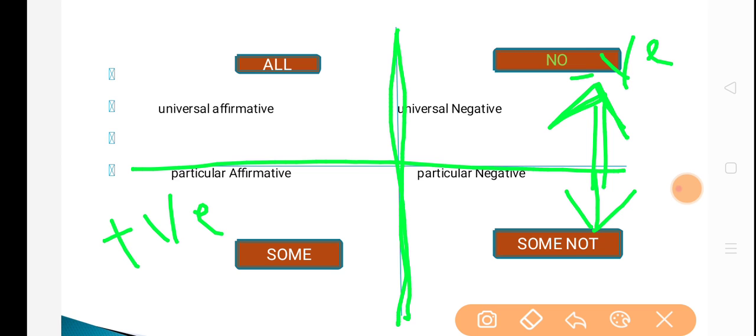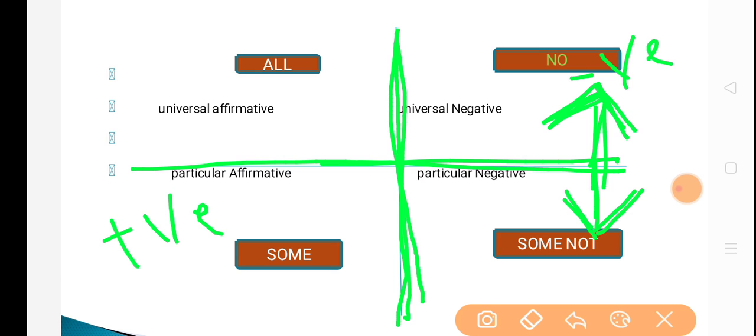Here, above the line is the universal side and below the line is the particular side. Then we are dividing the universal and also the particular into two through the positive and negative.